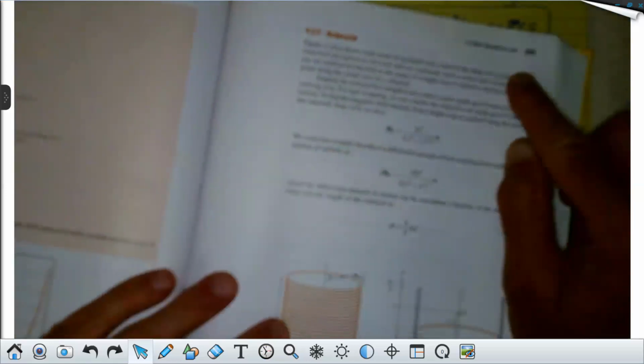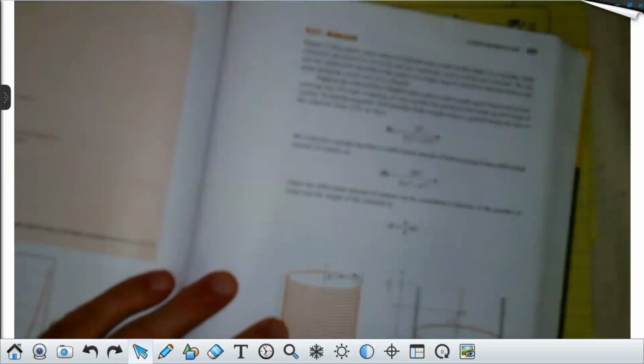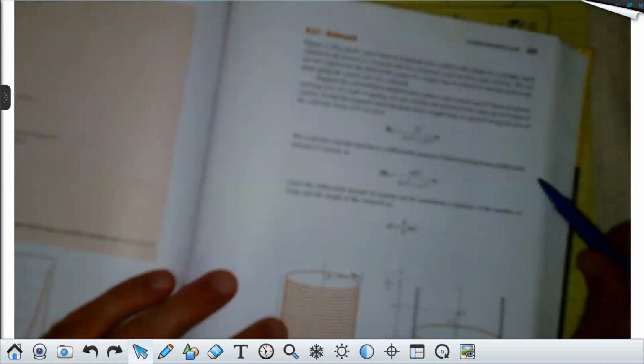Back here, I didn't go through the solenoid in the book on page 221. I don't know why this autofocus is not working very well right now. But it's on page 221.